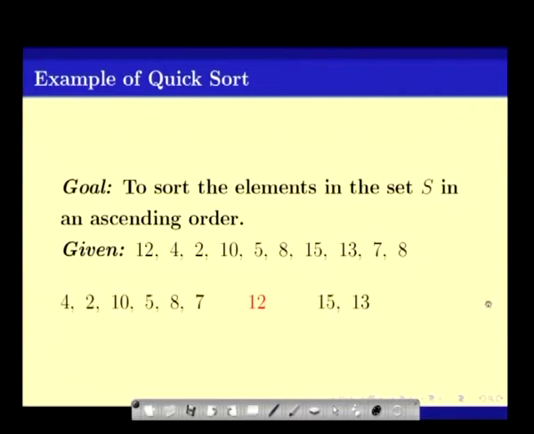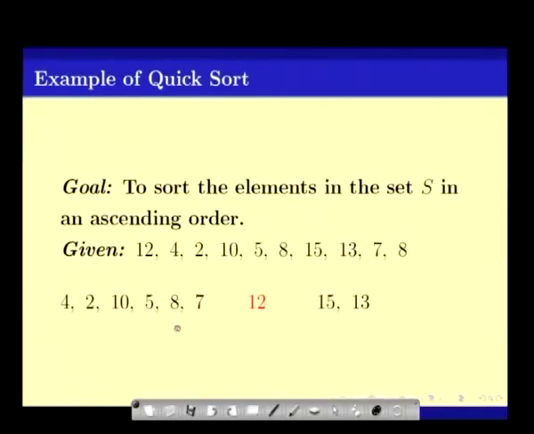Thus, we have this set, and now recursively we can sort the set of elements which are left of 12 and the set of elements to the right of 12.